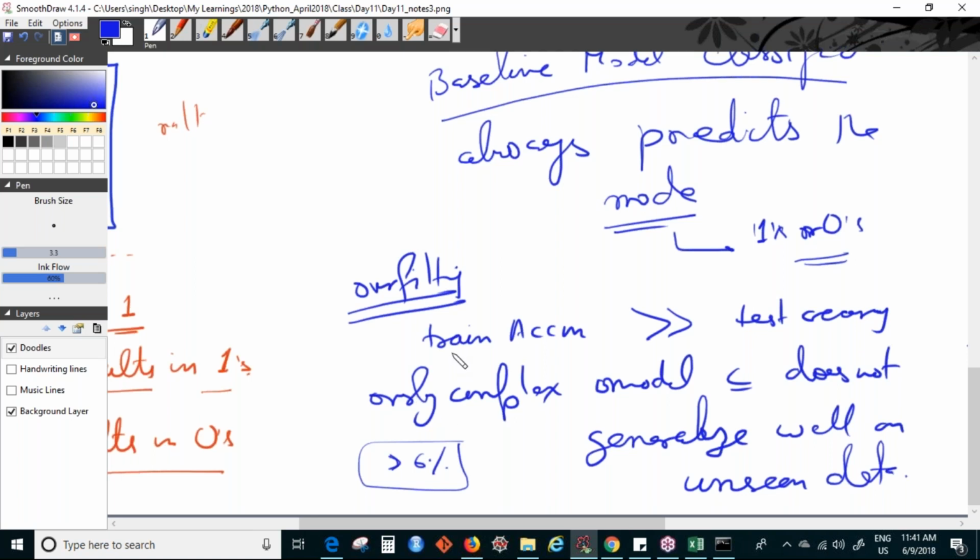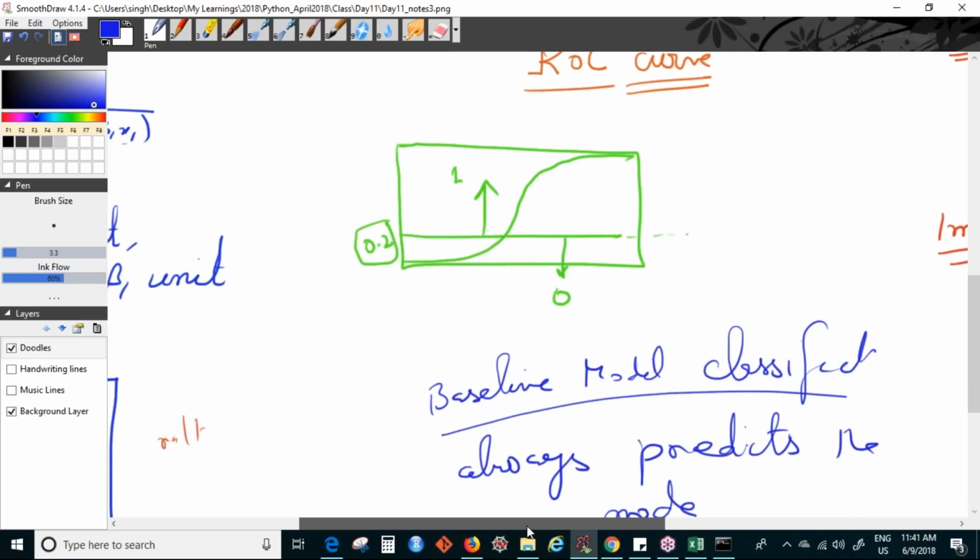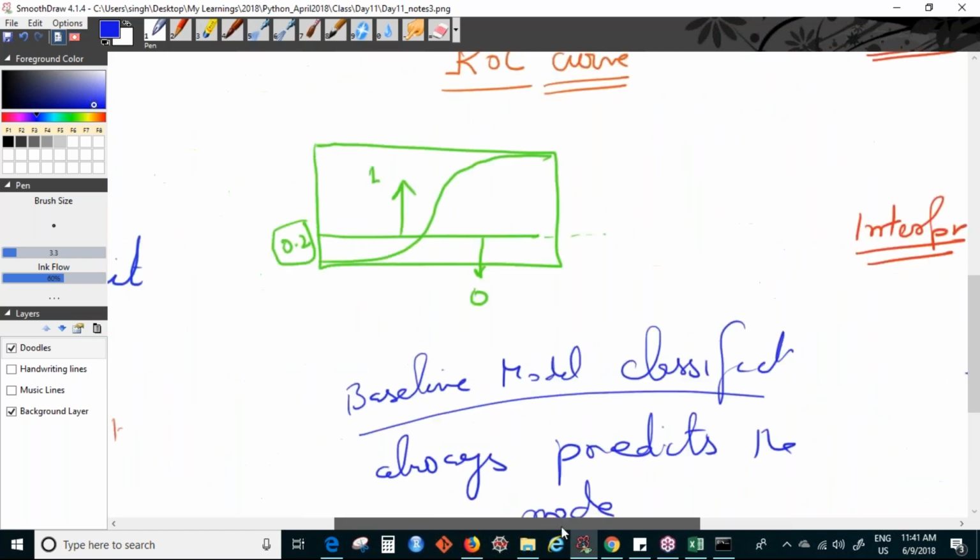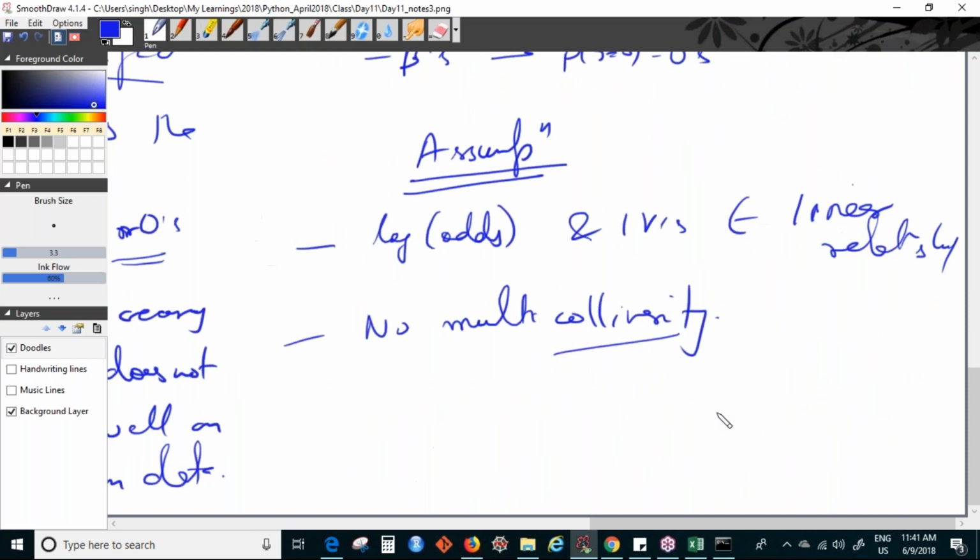So how do we avoid that in linear and logistic? In linear and logistic, we avoid overfitting by taking fewer variables. We take fewer independent variables. So to avoid overfitting, remember the graphs that we drew.